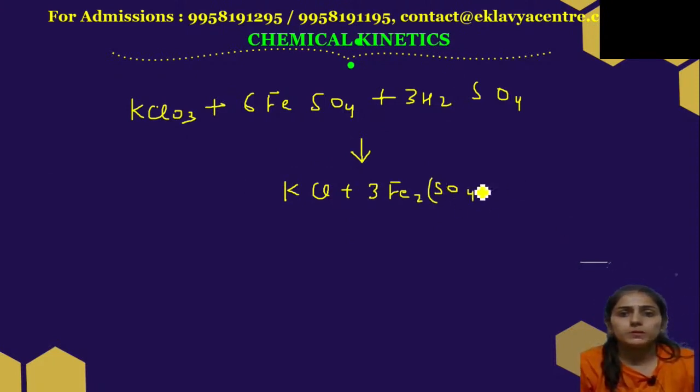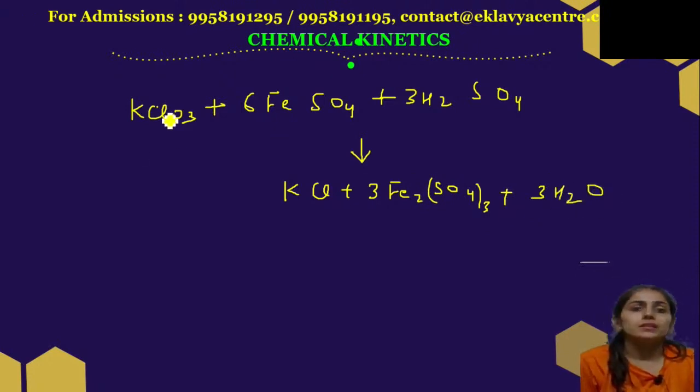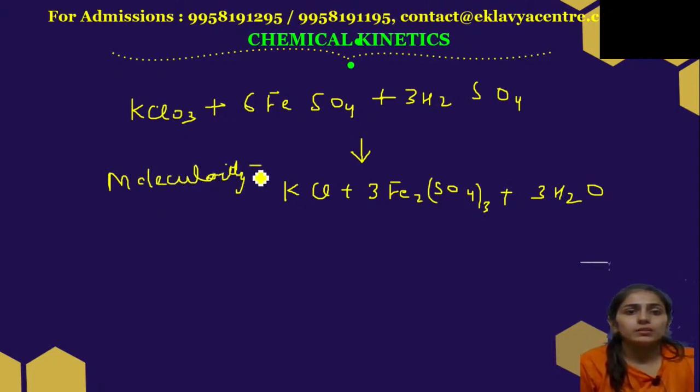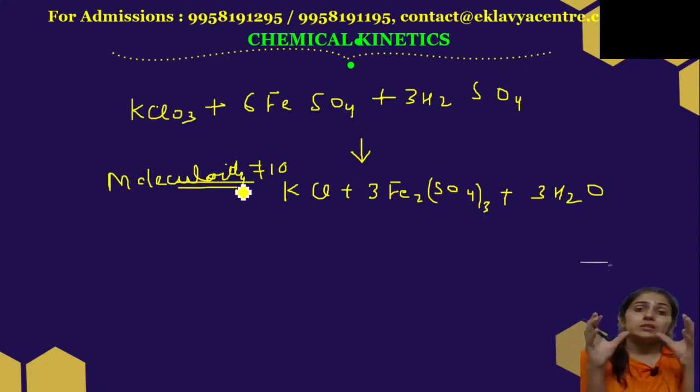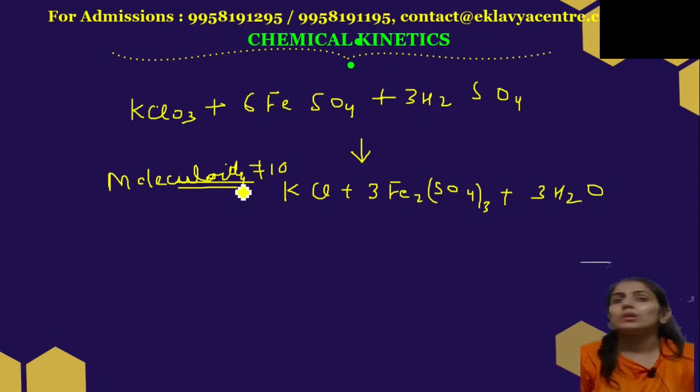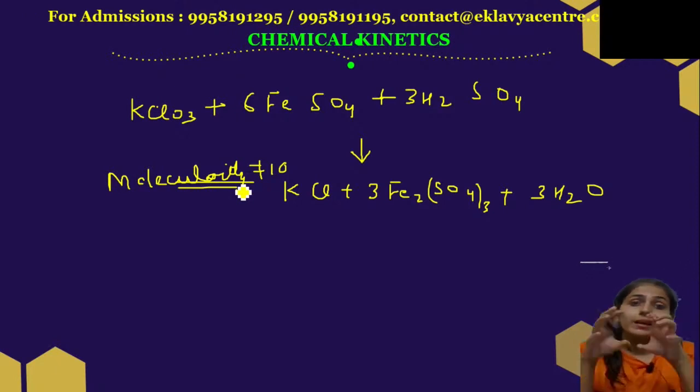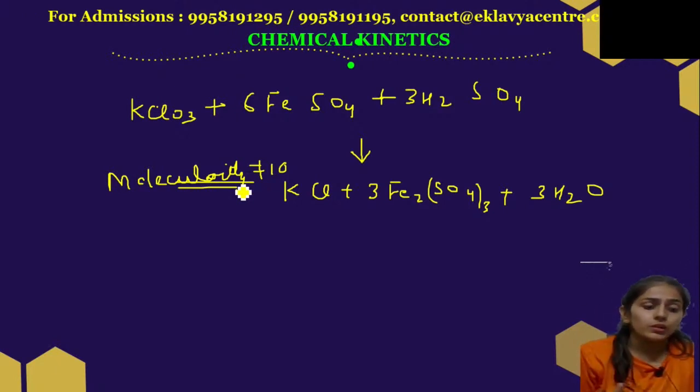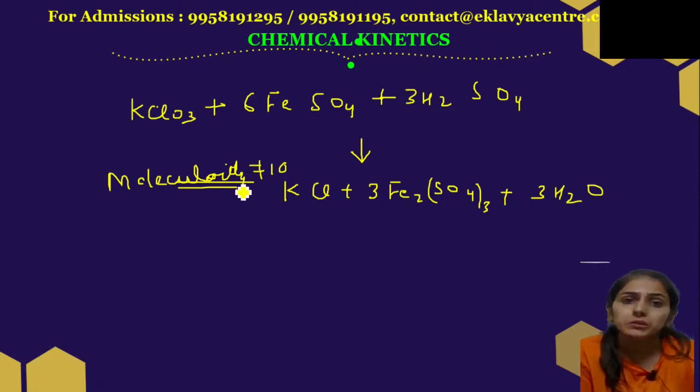If you simply observe, you will think that the molecularity is 10, but it's not possible. Imagine 10 molecules colliding simultaneously at the same point to give this product. Is it possible? No. That is why molecularity cannot exceed three. This is an example of a complex reaction, and we'll discuss the molecularity of complex reactions when I teach you about complex reactions in detail.